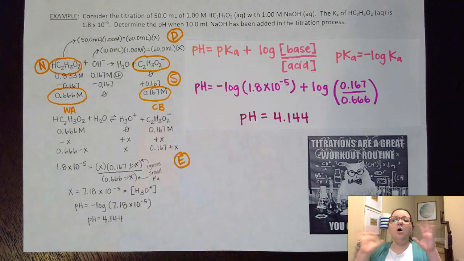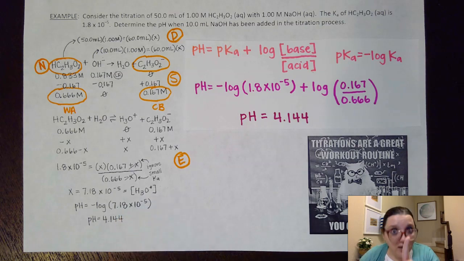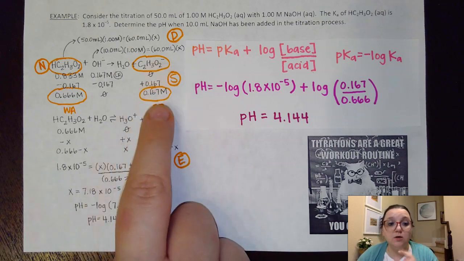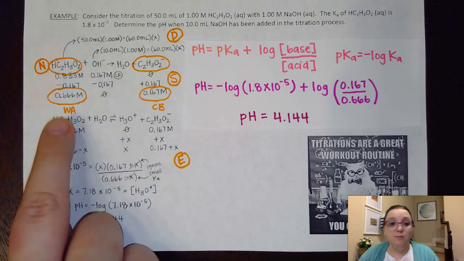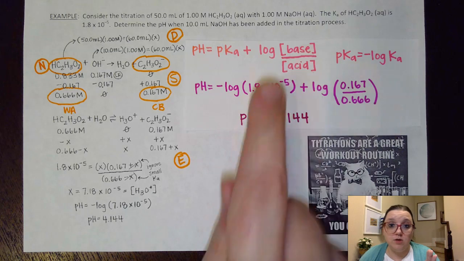So again, the whole point of the HH equation is so you can avoid equilibrium here if and only if you have a buffer solution. If you did not have a buffer solution, if you had no conjugate base present or no weak acid present because of the way the limiting reactant worked out, you could not have done this equation.